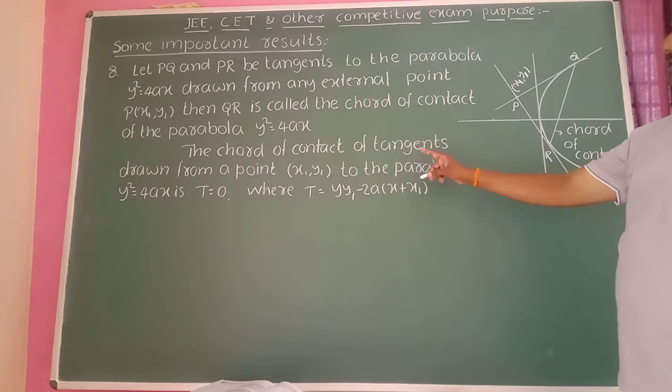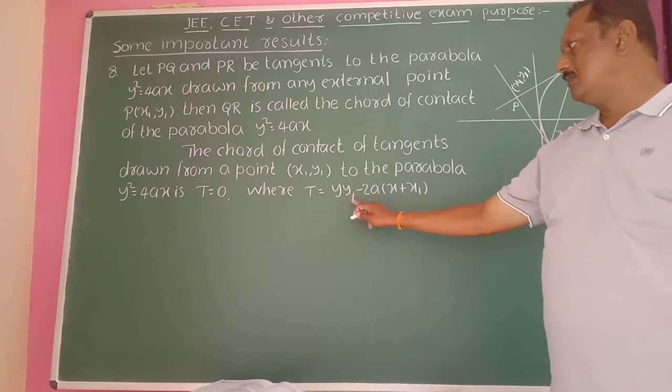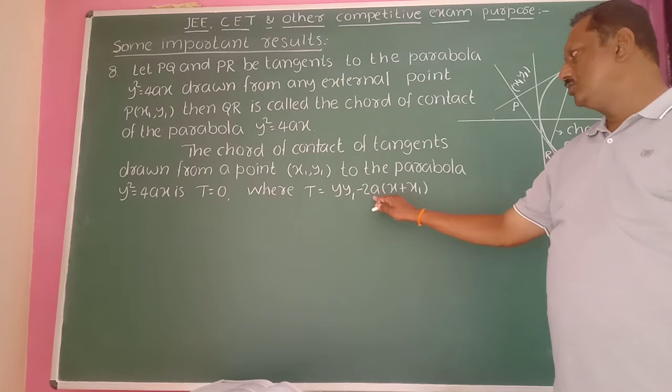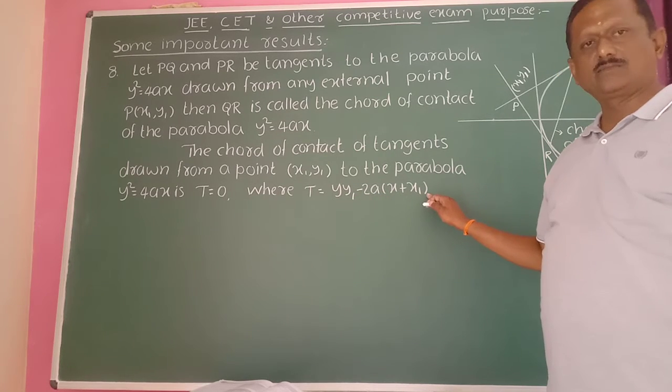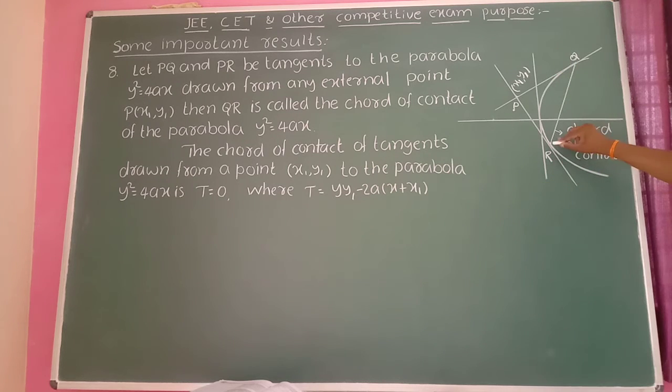The chord of contact of the tangents drawn from the point (x1, y1) to the parabola y² = 4ax is T = 0, where T is y y1 - 2a(x + x1). Equate this with 0 and we get the equation of this chord of contact.